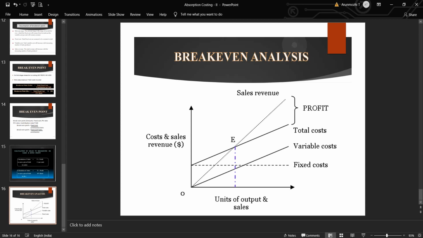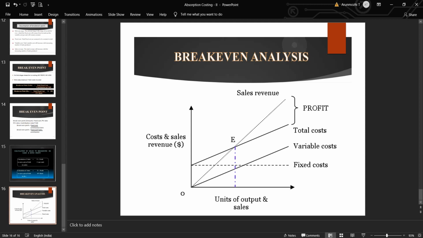The variable cost line is depicted above the fixed cost line, which shows that the cost is increasing with the increase in volume of output. This line can also be regarded as a total cost line because it starts from the point where variable cost is 0 and a certain fixed cost has been incurred. Thereafter, figures of sales are plotted from the origin and a line is drawn which goes in the upward direction with the increase of production or sales.